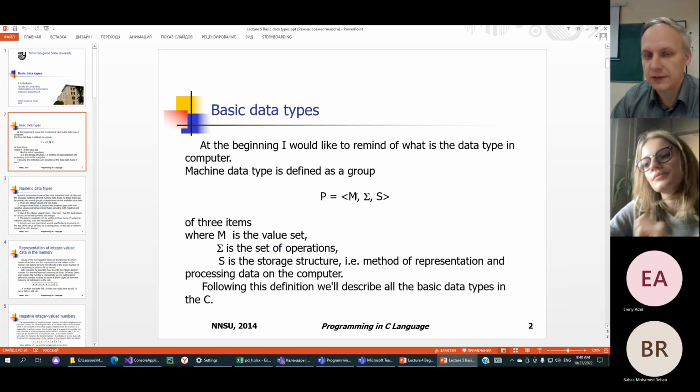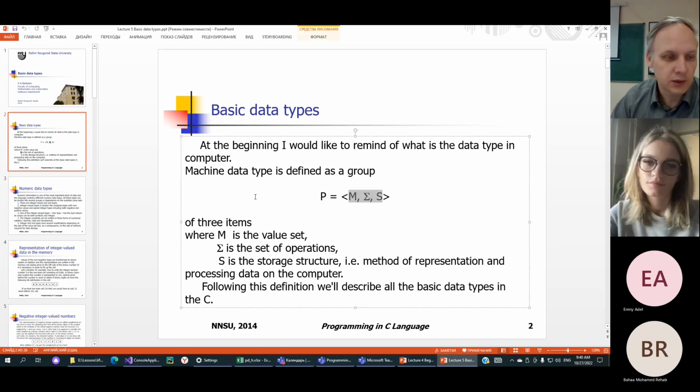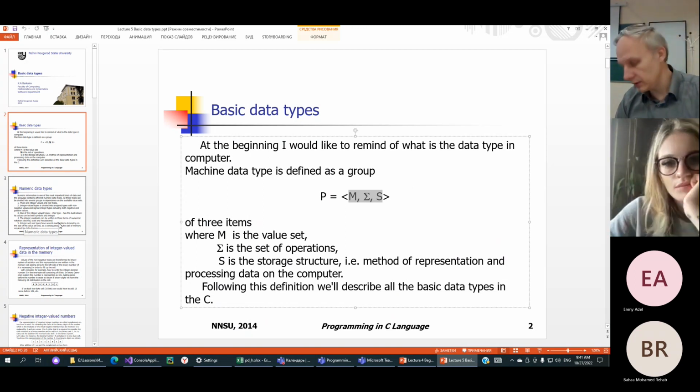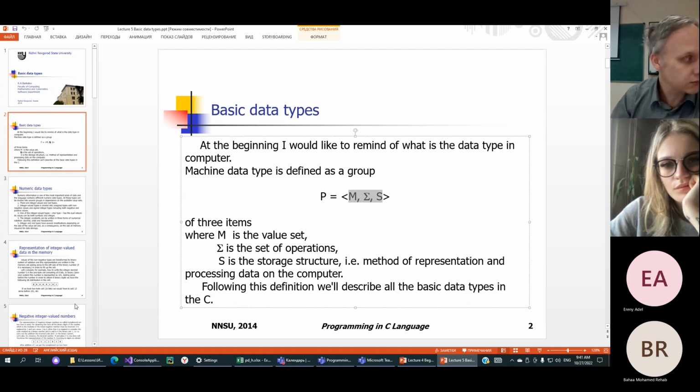Well, we already discussed that the machine or computer data type includes 3 sets: set of values, set of operations, and the storage structure.